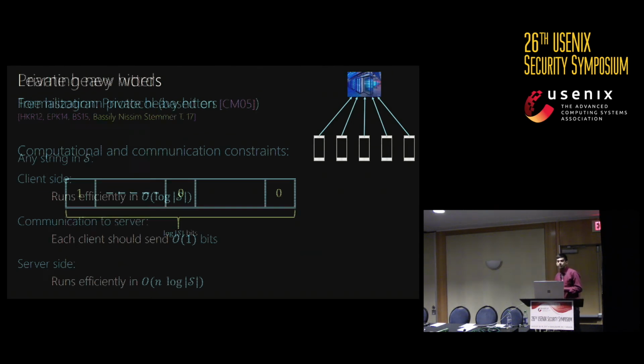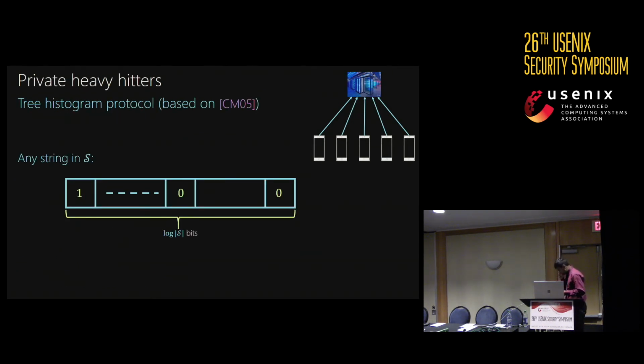We don't want to compromise on that. Now, to solve this problem, any element in this domain S can be represented as a bit vector in log S bits. I'm not going to scan through the complete domain, but I can represent this in log s bits. The idea is to construct the heavy hitter bit by bit.